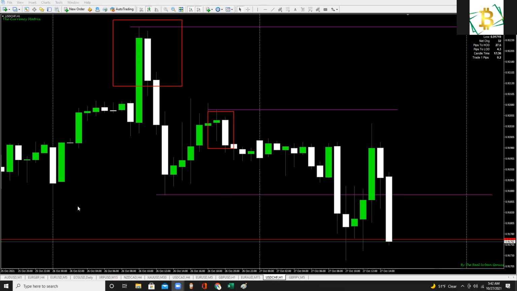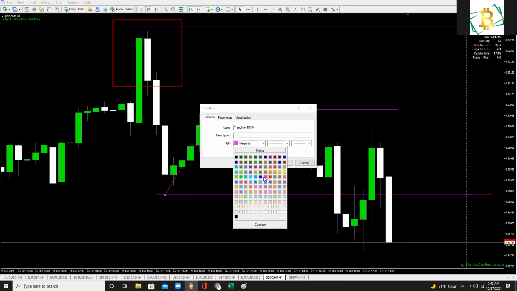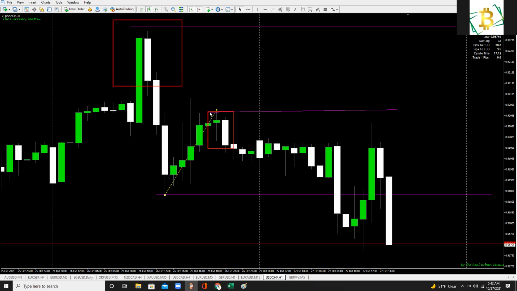If you see a series of bullish candles, like right here, in this series of bullish candles, there was no sell opportunity until this bearish candle closed here. All right, there was no sell opportunity in this movement, even while these candles were forming.